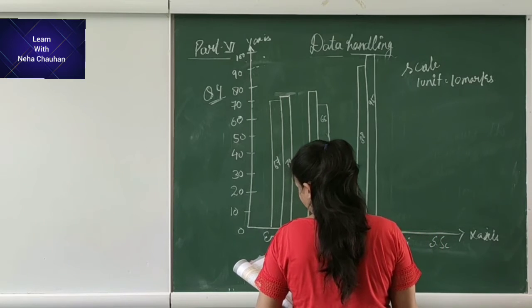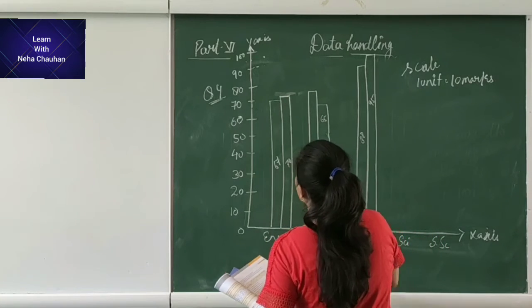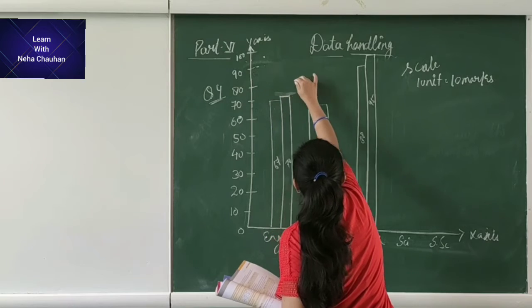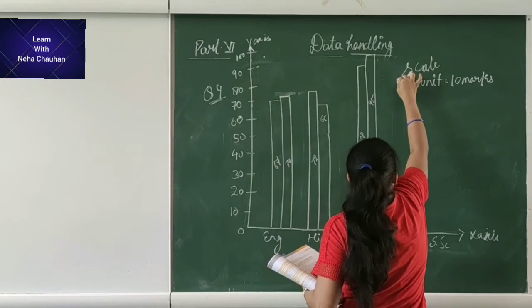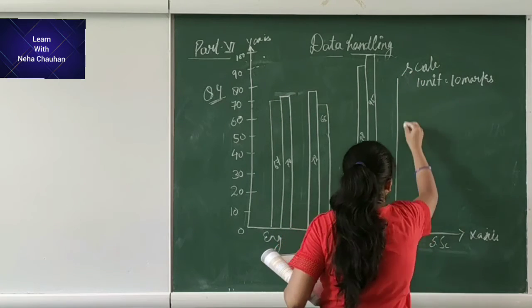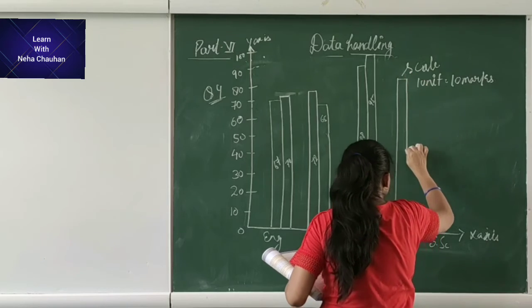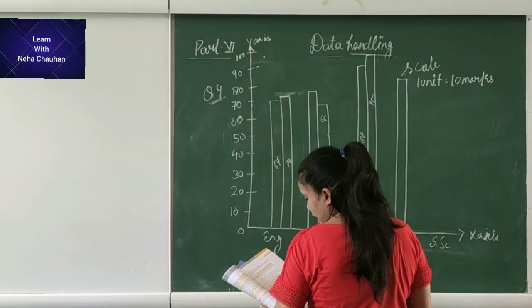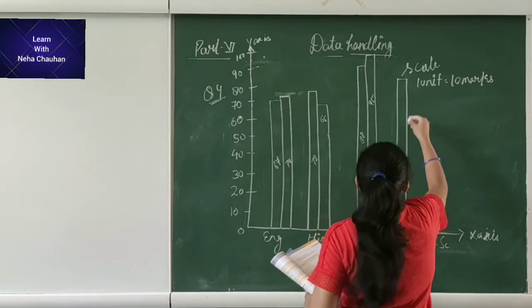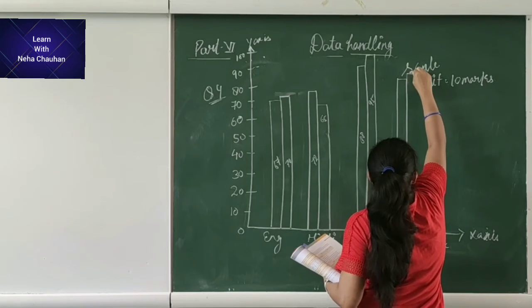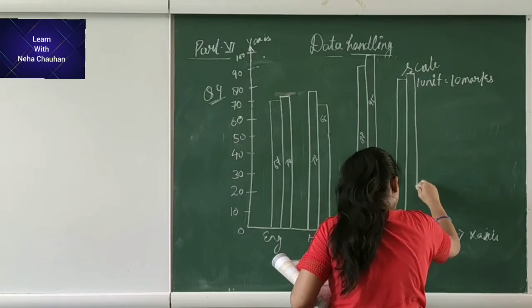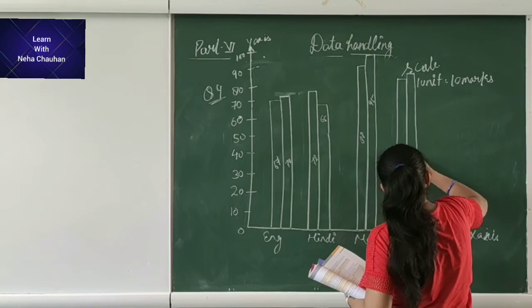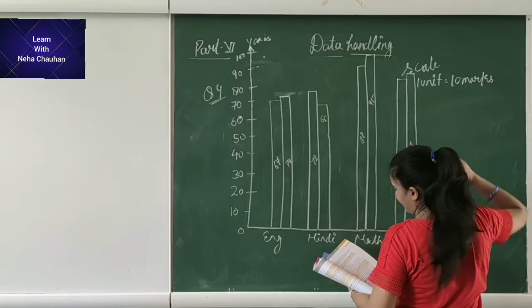Next is science. In the first semester 81. So we can take it like this, 81. In the second semester 85. Okay, 81 and 85.